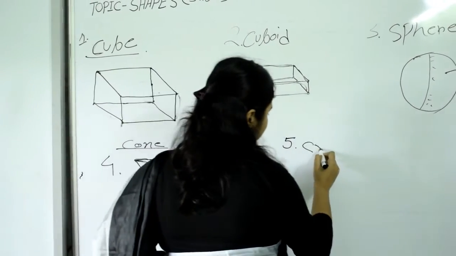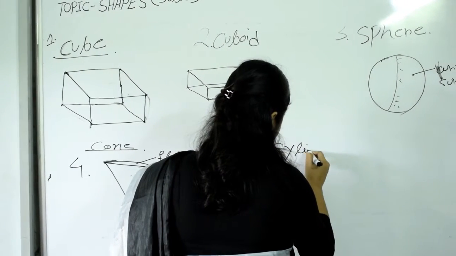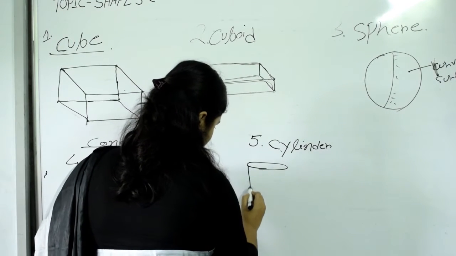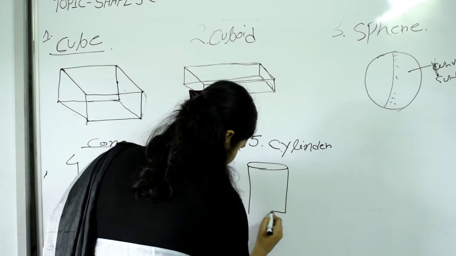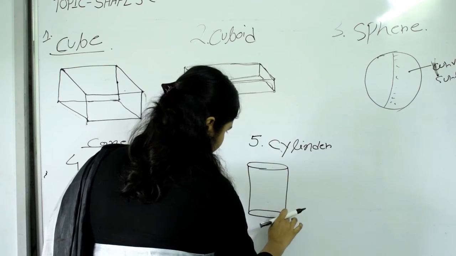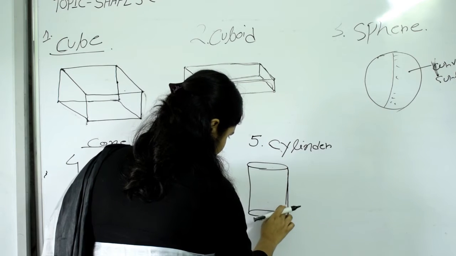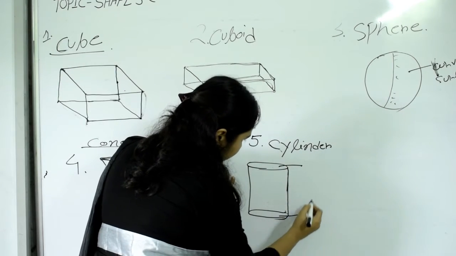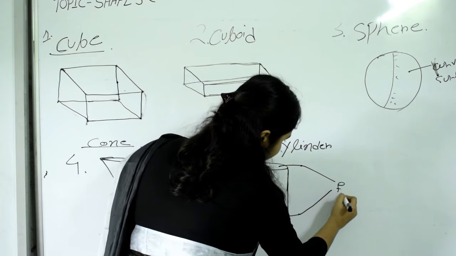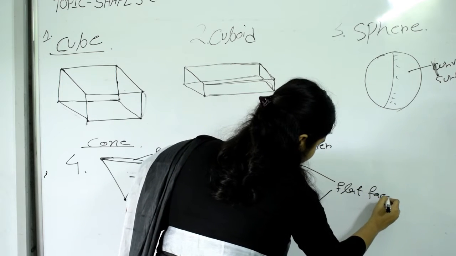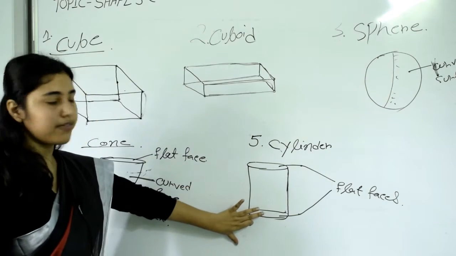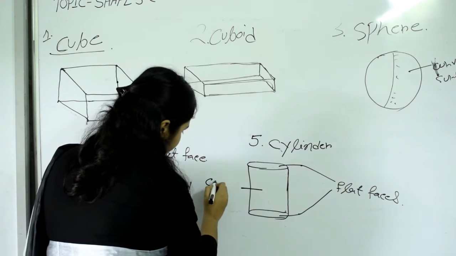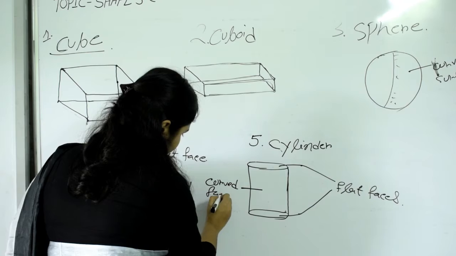Next one is cylinder. Okay, in case of a cylinder, these two faces are flat faces, but this portion, this surface, is a curved face.